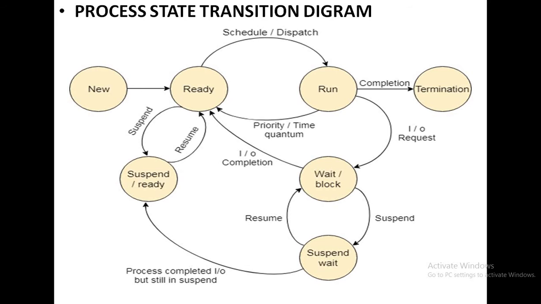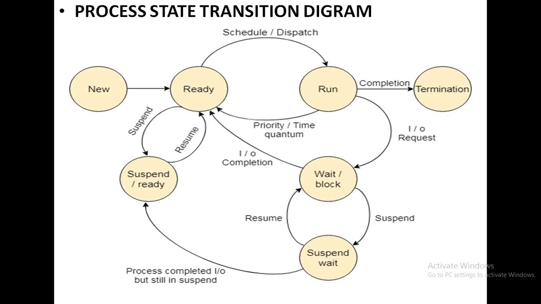At the time of execution of a process, that is called the running state or run state, and after completion the process goes for output operation, and after the completion of a process the state that comes is known as the termination state.